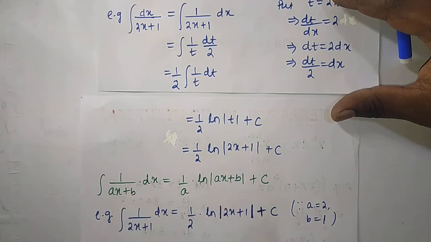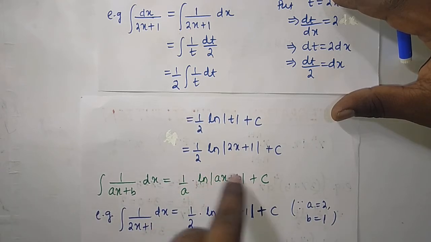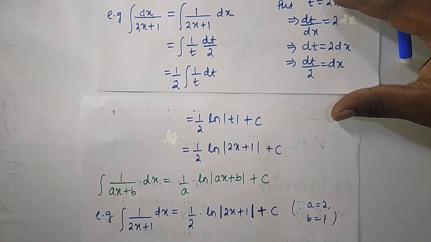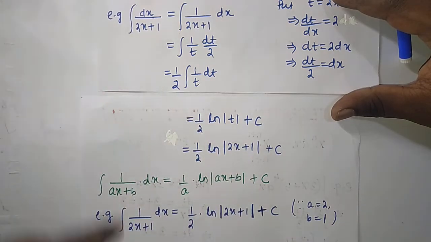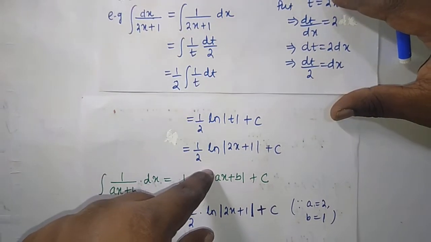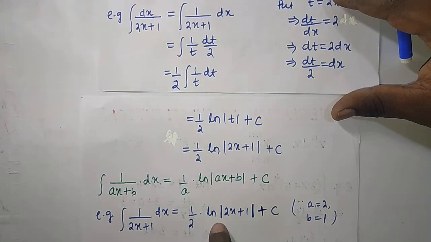So apply this formula directly. Integration of this is equal to 1 by a, so 1 by 2 ln modulus of 2x + 1. In one step you have got the answer. See, both examples are the same. Here you have done several steps, but in one step you get the answer here.